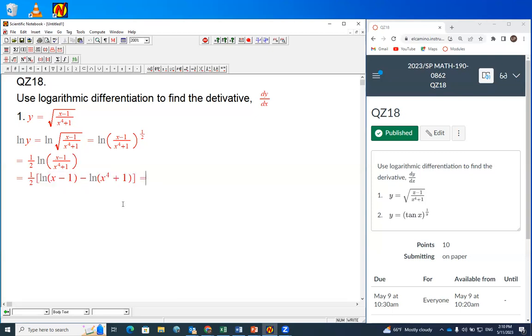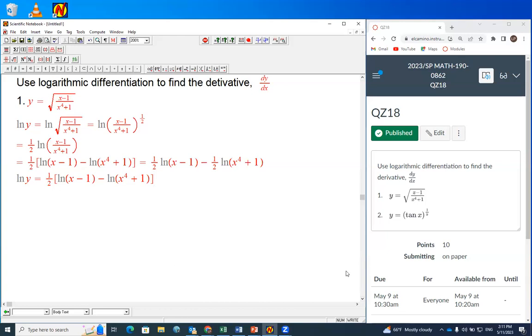If you want to write it in expanded form, you could remove this bracket, but then you have to attach the half to the second one. Either way is fine. So now we got ln y equals, either form is okay. I'm going to choose the first one because we have a half as a constant, so the constant can be pulled out of the differentiation.